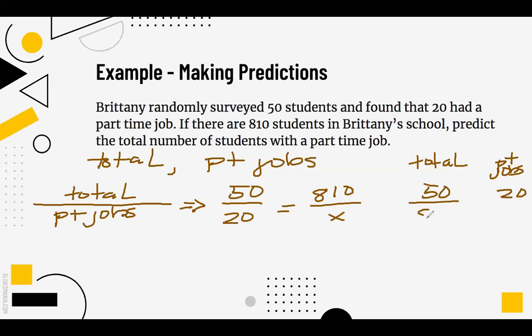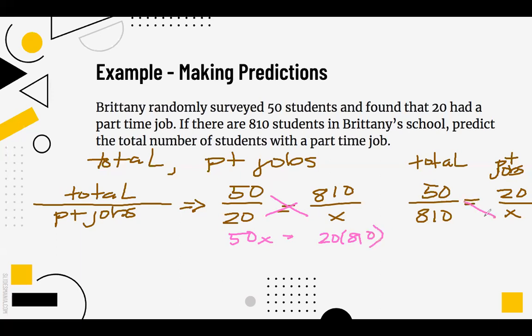There are 810 people in her school and she wants to know how many have a part-time job. So now it is set up vertically. Are these the same? Absolutely. Because when you find the cross product, what happens? 50 times X is equal to 20 times 810.